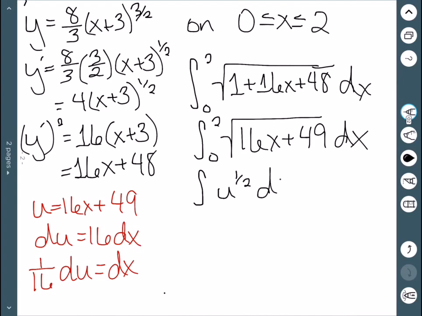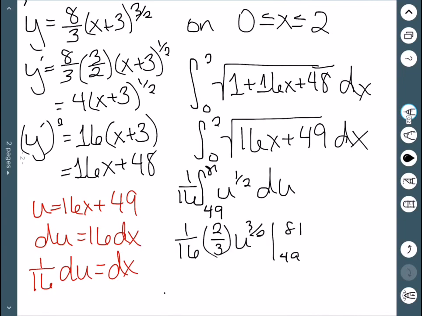The dx becomes 1 over 16 du. We also need to change our bounds. If x was 0, u is 16 times 0 plus 49, which is 49. Once we simplify this, we get that the arc length is 193 over 12.